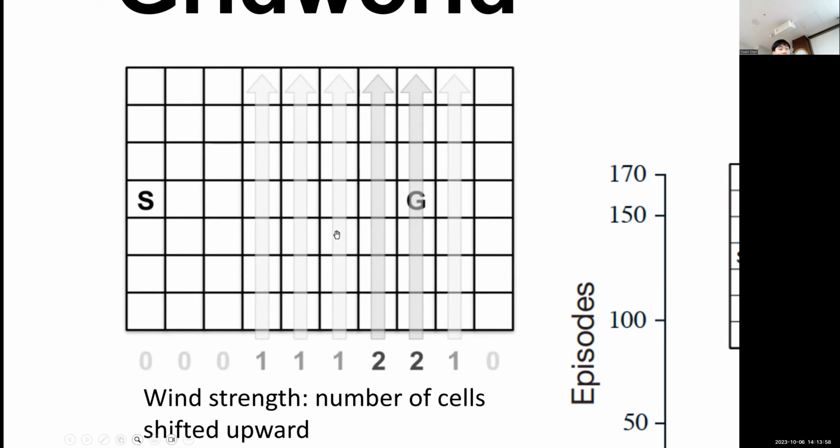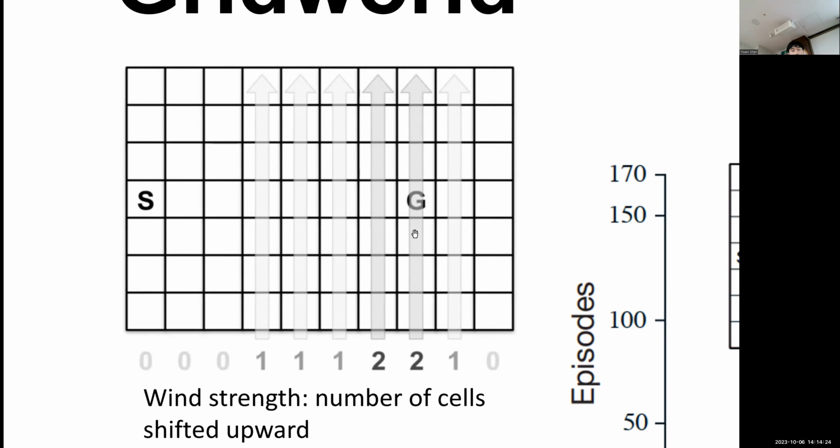If it's 2, for example, if I'm staying here and I move to the right, actually I'm going to move to this place, because the strength of the wind is 2. Even though I move to here, the wind blows me up two cells.